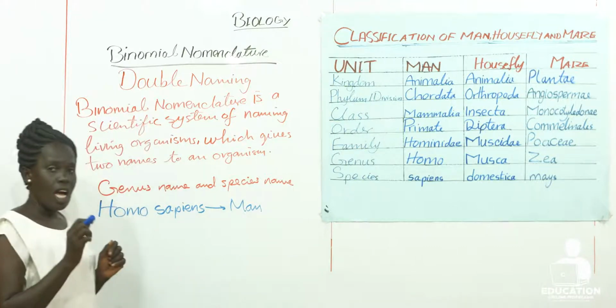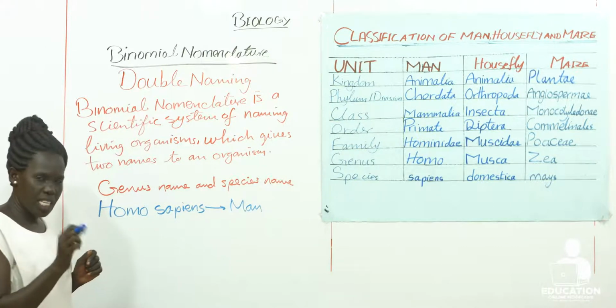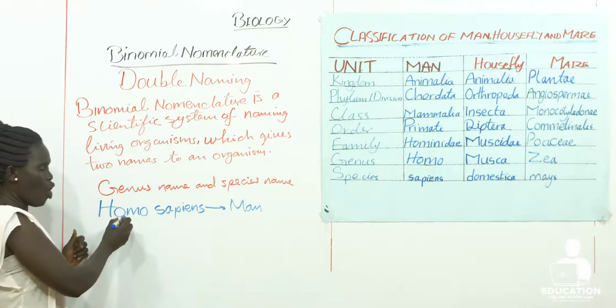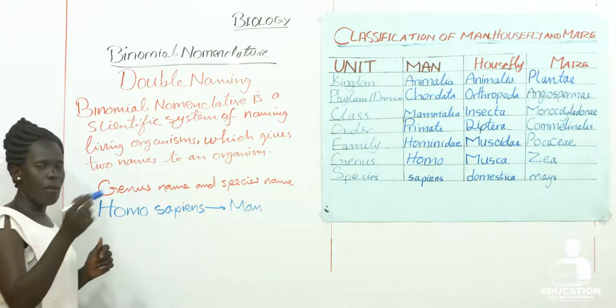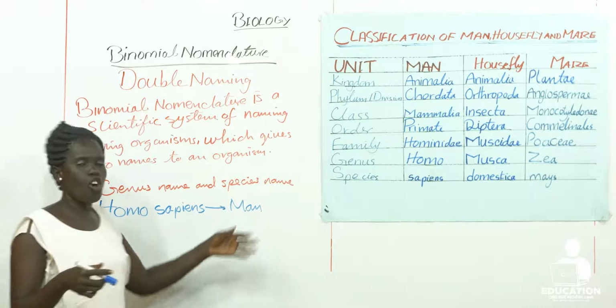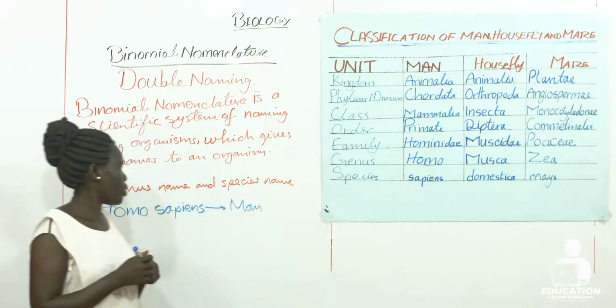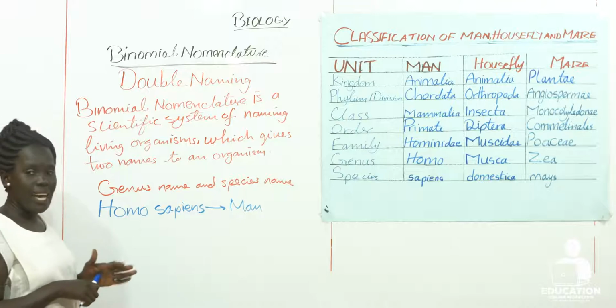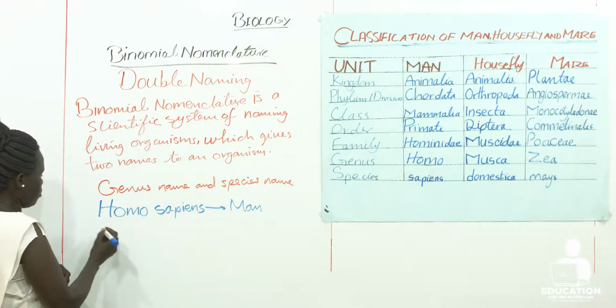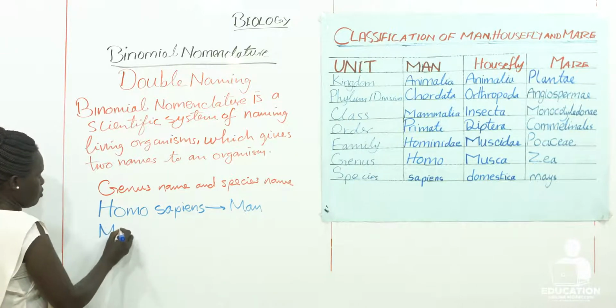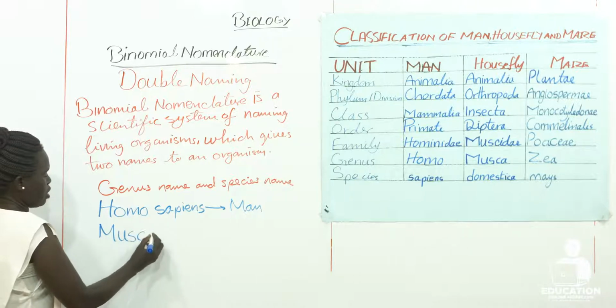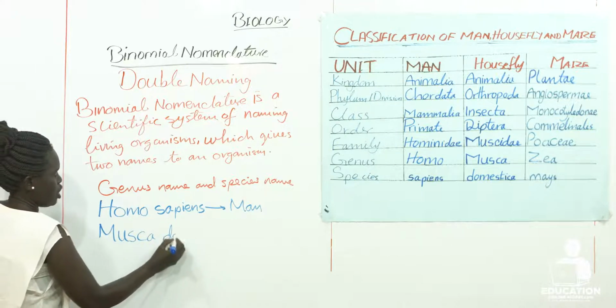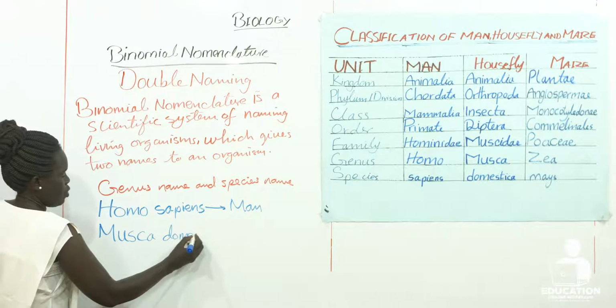The scientific name for human being is Homo sapiens. The common name is man or human being. The scientific name for housefly is Musca domestica.